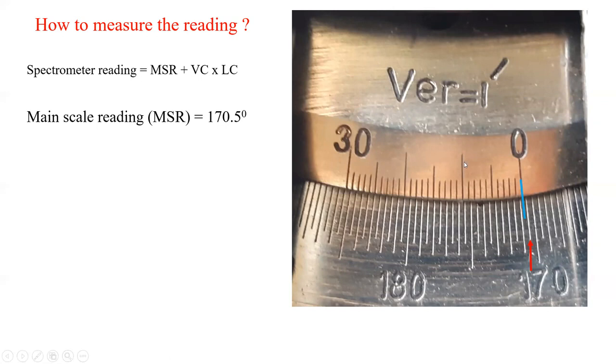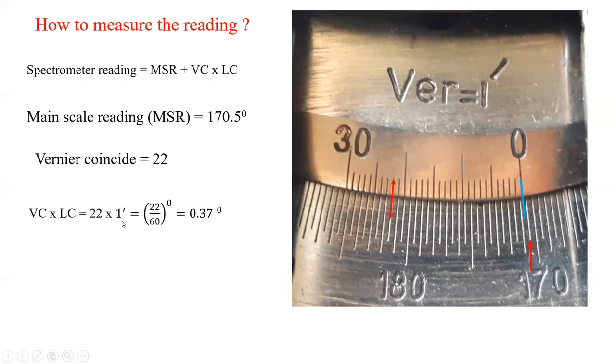Then the vernier coincidence. Out of these 30 vernier divisions, 1 division exactly coincides with the main scale. If you observe, this one does not coincide, this one does not coincide, but this one exactly coincides. So what is the vernier coincidence value? 0, 5, 10, 15, 20, 21, 22. So the vernier coincidence value is 22. Multiply the vernier coincidence with the least count.